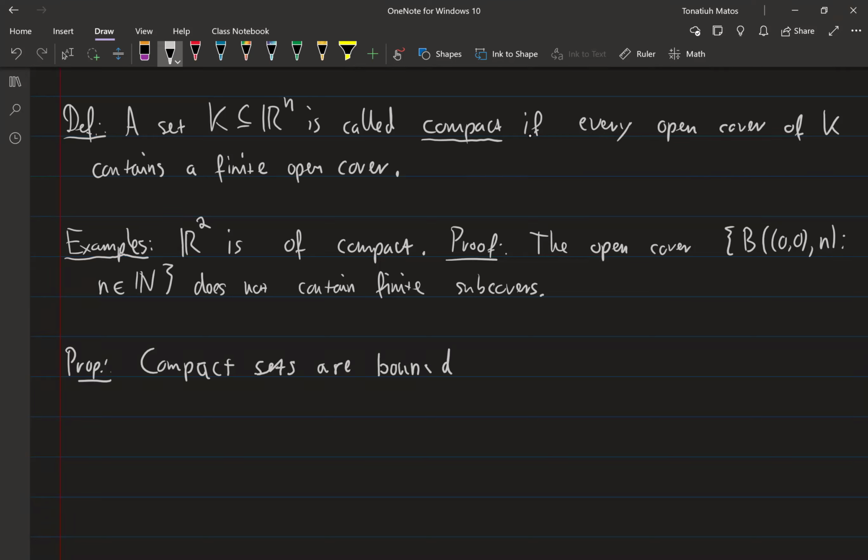Now, who can tell me why this is true? And it's the same proof, right? The exact same proof that we just did for Rn, pretty much the same idea works.